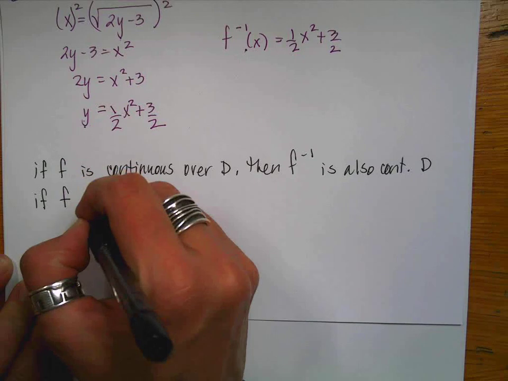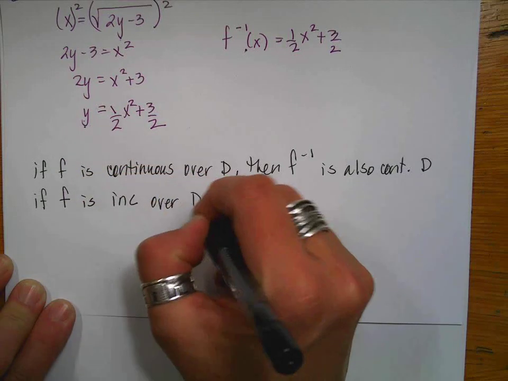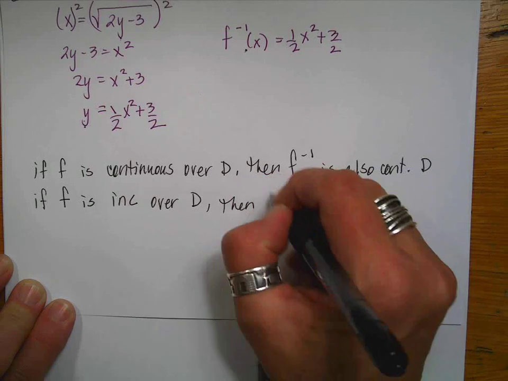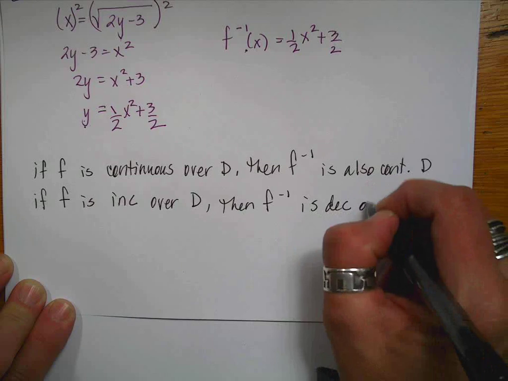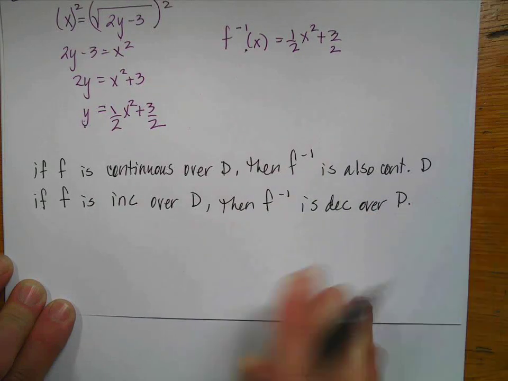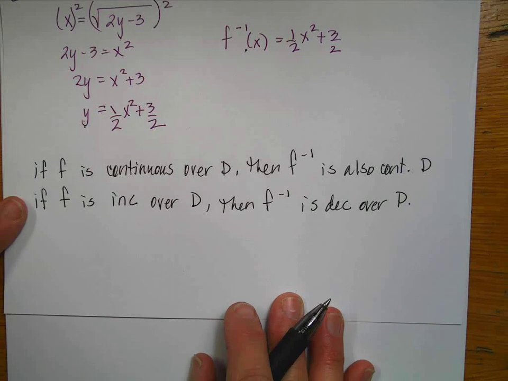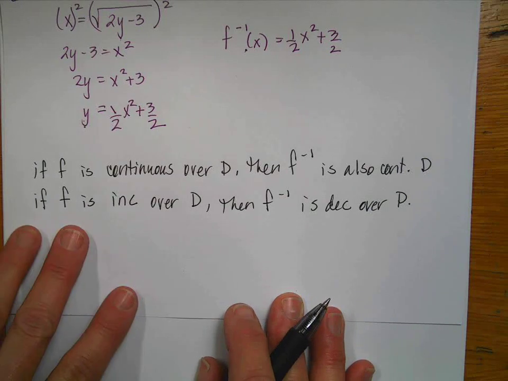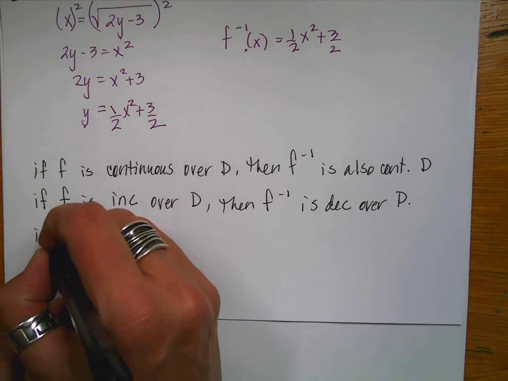The next thing is if f is increasing over its domain, then the inverse, f negative 1, is decreasing over the domain. And if you go back and think about what we talked about at the beginning of the chapter, when we talked about reflecting the function over the line y equals x, then that means that the function is going to go from increasing to decreasing.